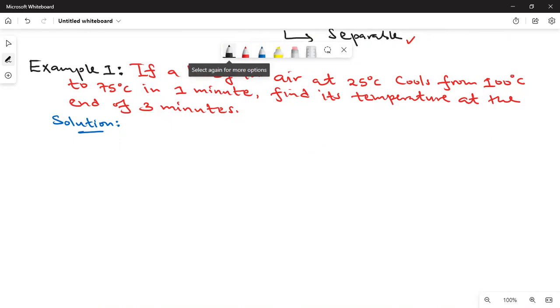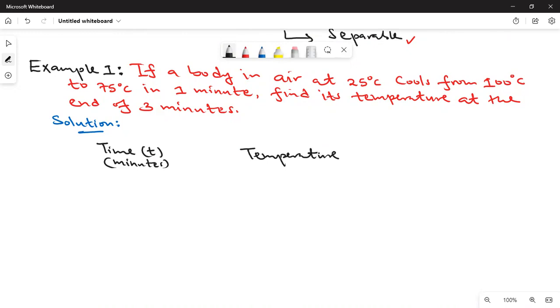We have time t, in minutes, and we have temperature T, in degrees centigrade. So we have those two columns.